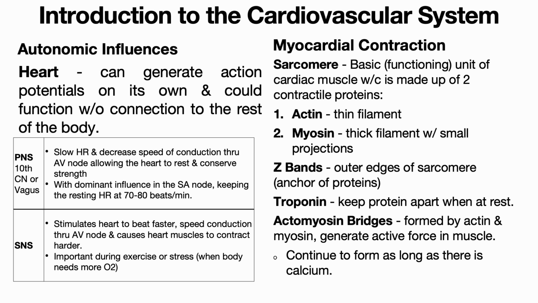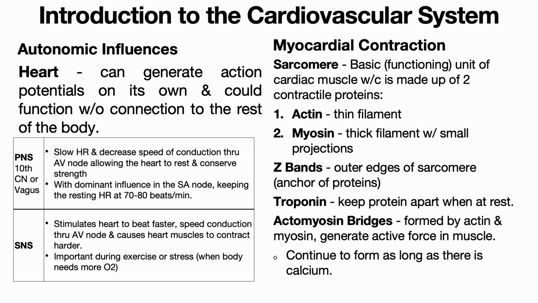So when cardiac muscle is stimulated, calcium enters the cell through channels in the cell membrane and also from storage sites within the cell. This occurs when the cell is starting to depolarize.